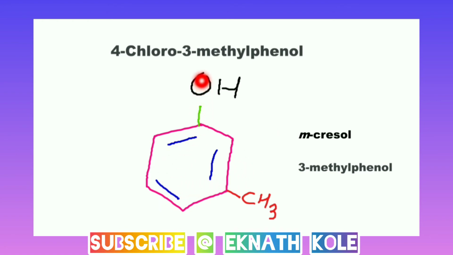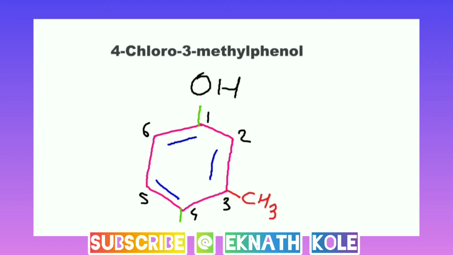If you number 1, 2, 3, 4, 5, 6, on the third position we have the methyl group, so you have to mention the methyl group. Or you can just remember the cresol structure: if you remember metacresol, you can write the metacresol structure there.